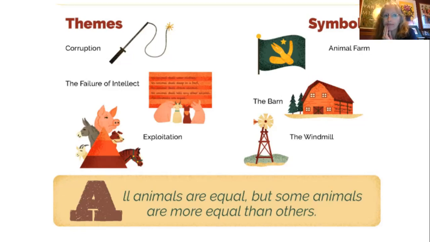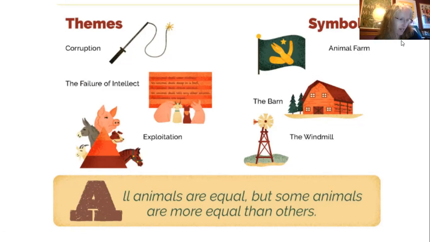It's about corruption, the failure of intellect. We cannot use intellect to save everything. Exploitation of the workers or of the animals. The symbols, we have the farm itself, the barn, the place where they meet, and the windmill. And we've got more information about them in a minute.